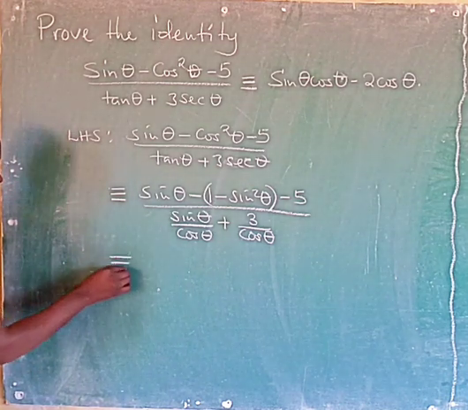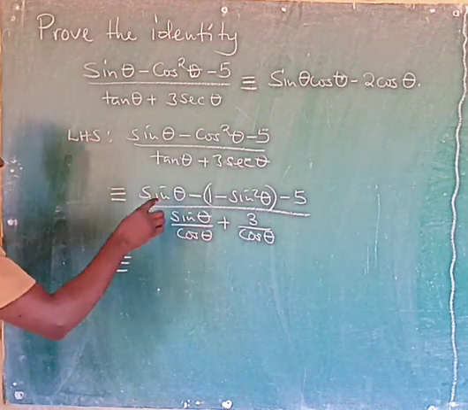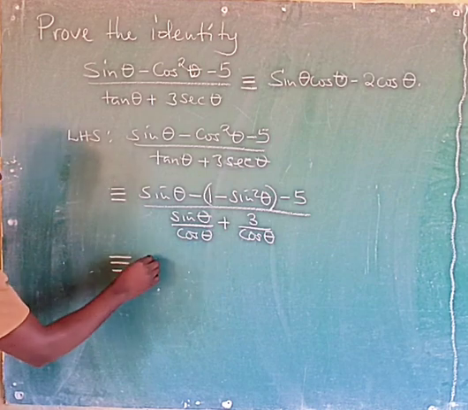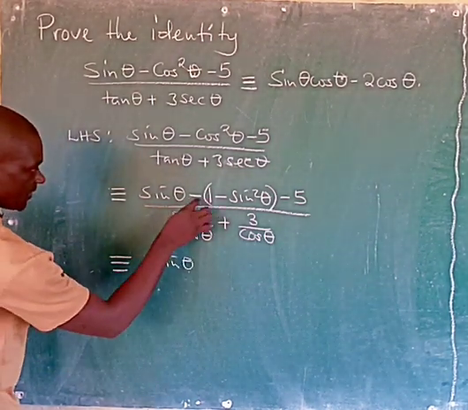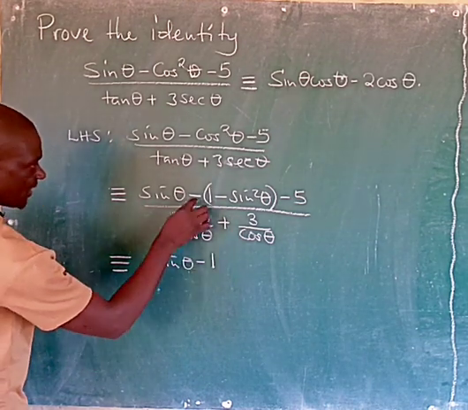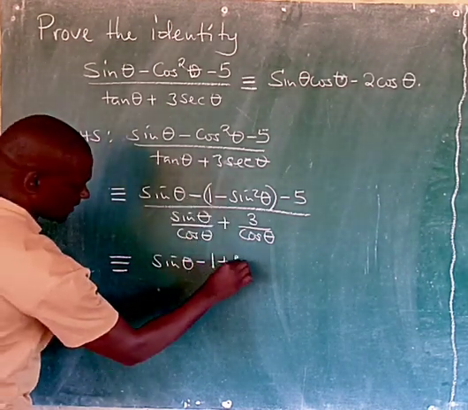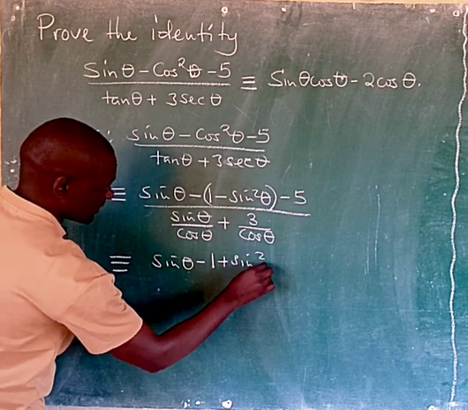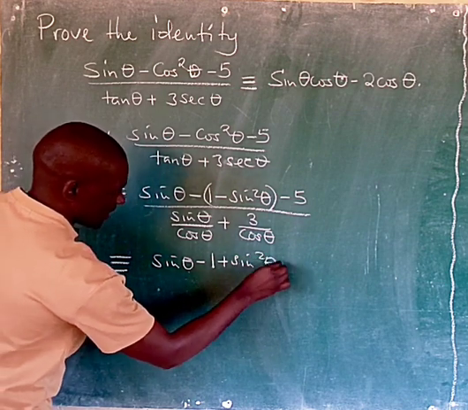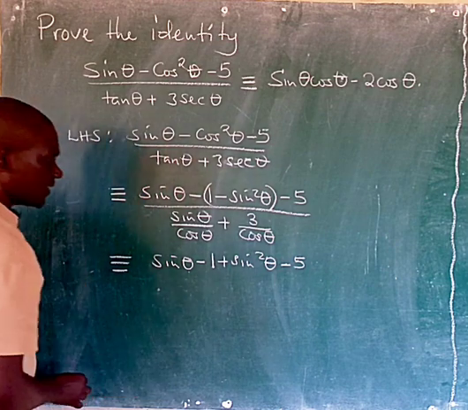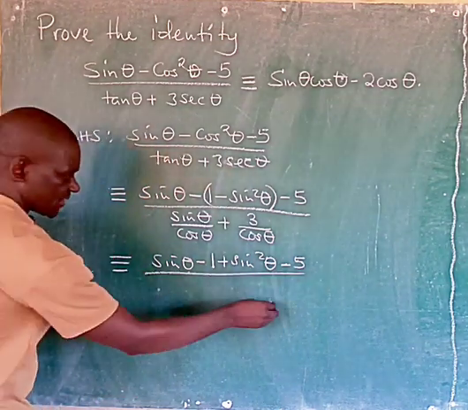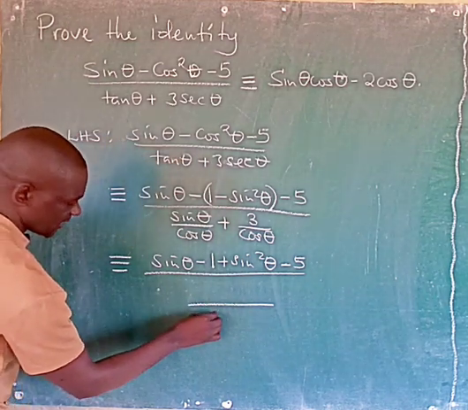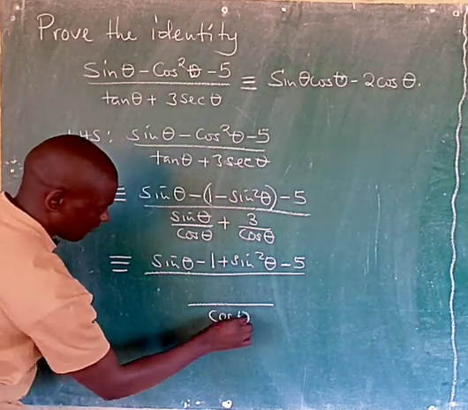And then this one is identical to sine theta, minus 1, negative and negative, plus sine squared theta, and then minus 5. Then down here, we can do a common denominator. The common denominator will be cos theta.